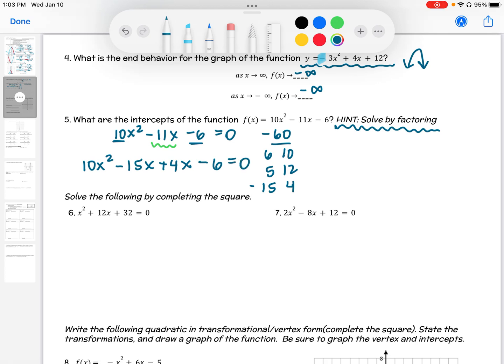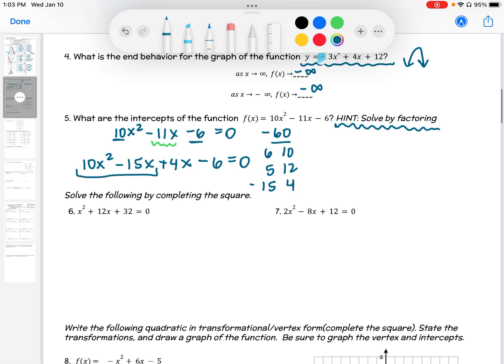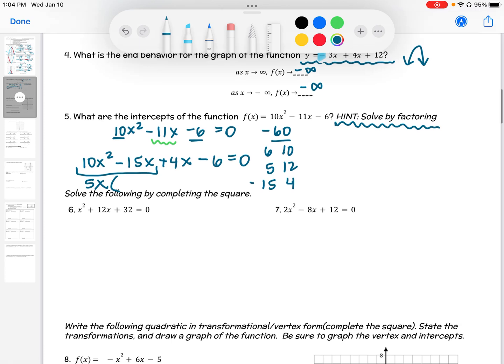And then we're going to do our factoring by grouping. So group these first two terms together. The GCF of the first two terms would be 5x. We would have 2x minus 3.